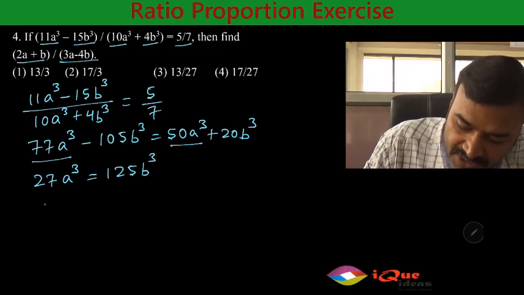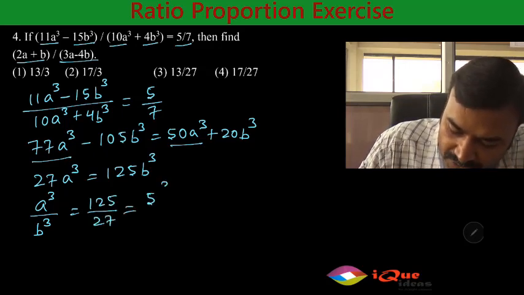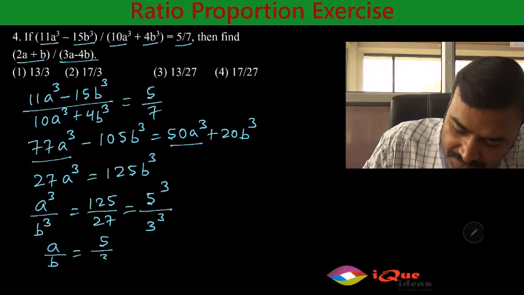So we have a cube upon b cube as 125 upon 27, and 125 is actually 5 cube and 27 is 3 cube. Perfect. So we get a upon b equal to 5 upon 3.